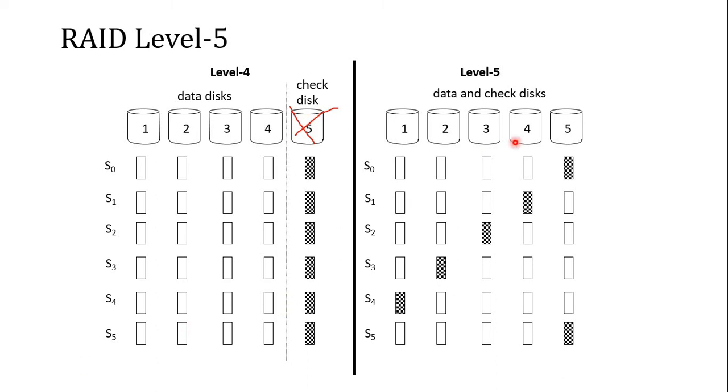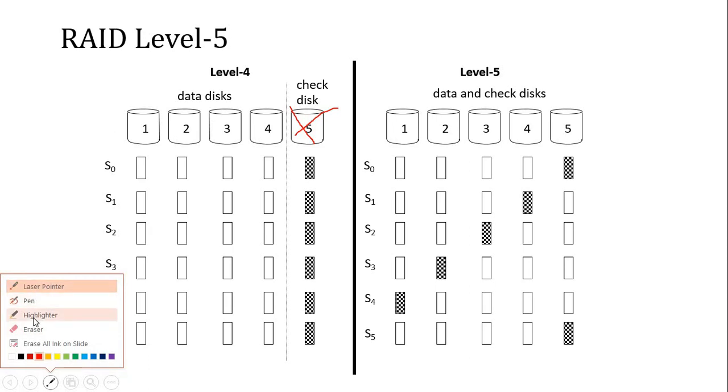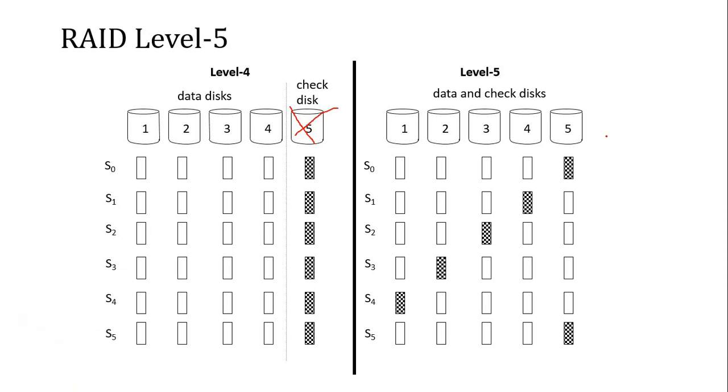So in RAID level 5, no specific disk is allocated for the parity. Parity is distributed across different disks. Suppose these are 5 disks, distributed in 5 geographical locations.